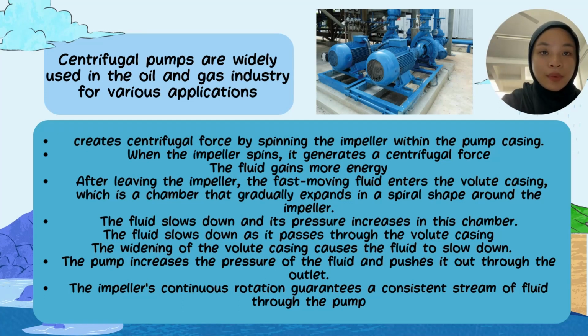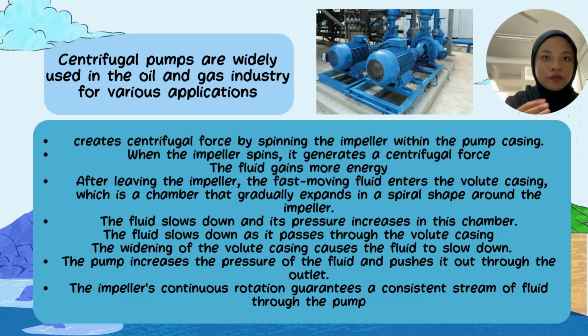So first, the pump will create a centrifugal force by spinning the impeller within the pump casing. So when the impeller spins, it will generate a centrifugal force inside the pump's casing, which will push the water away from the center of the impeller toward the outer edges.